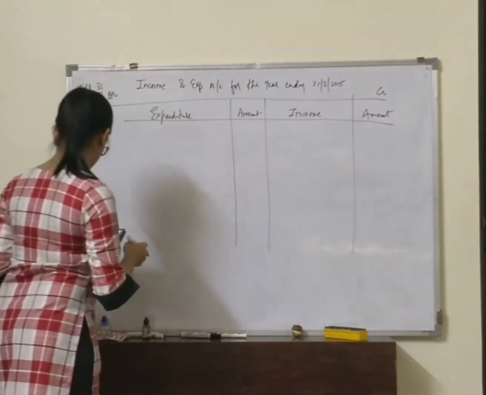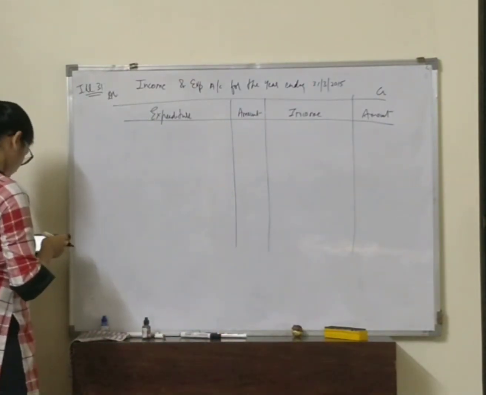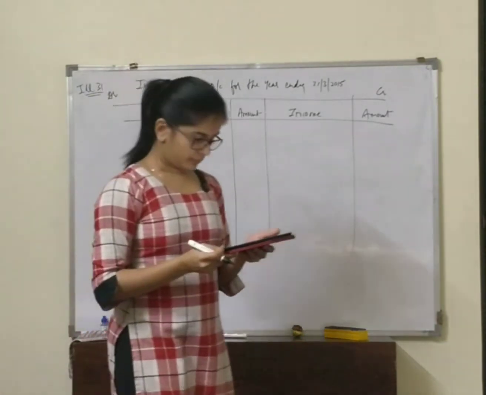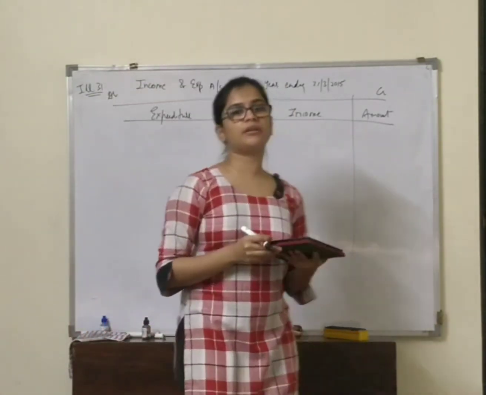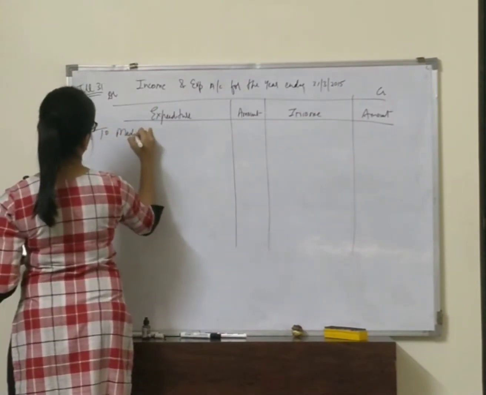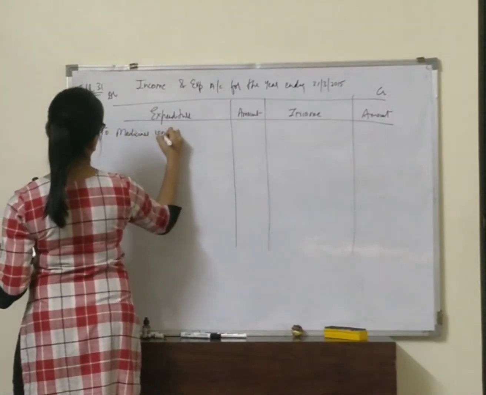So first on the expenditure side, what do we have? We need to find out medicines consumed.